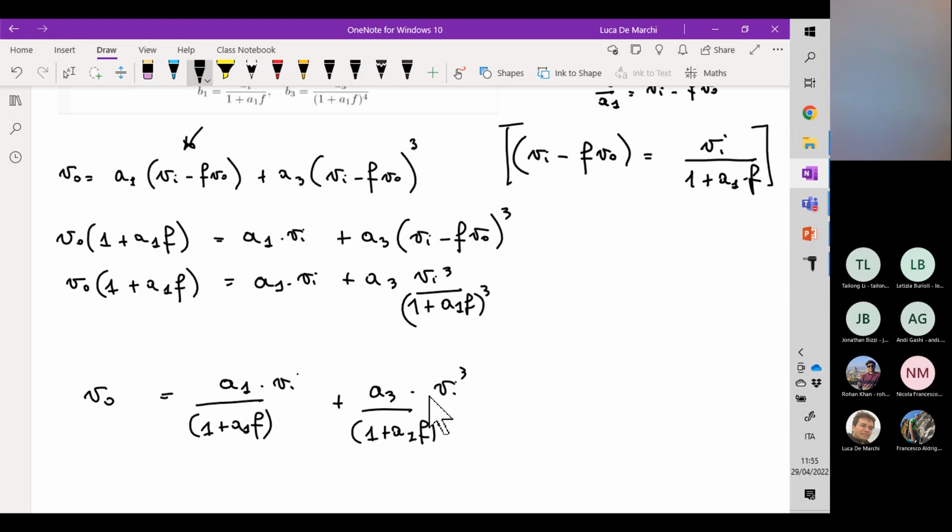Okay, but this is the loop gain. So this quantity here is precisely the loop gain, which means that the loop gain can be associated to the A of j omega curve by looking at this difference x.